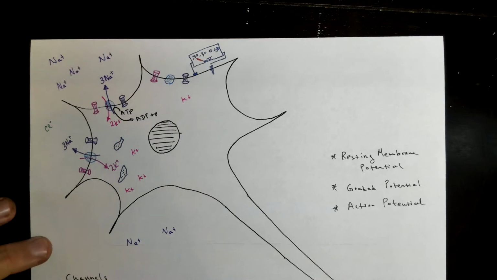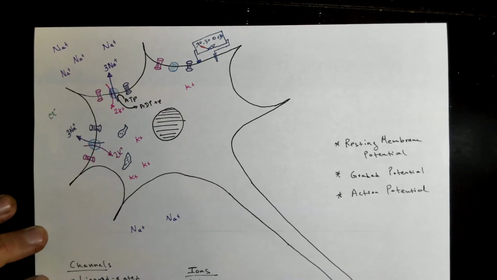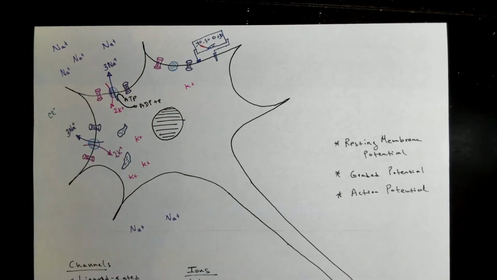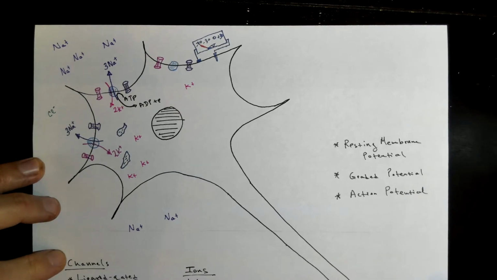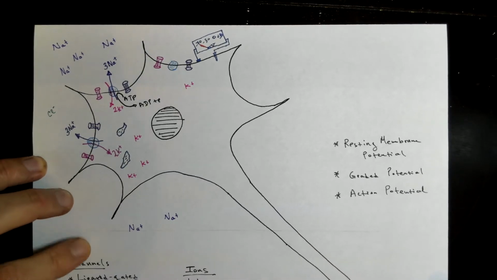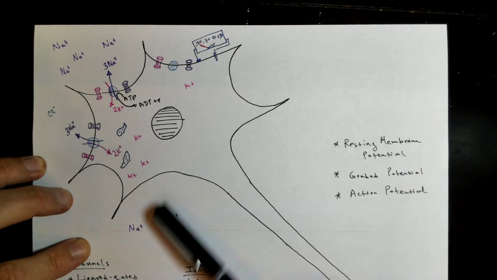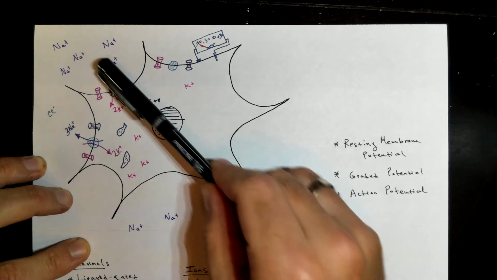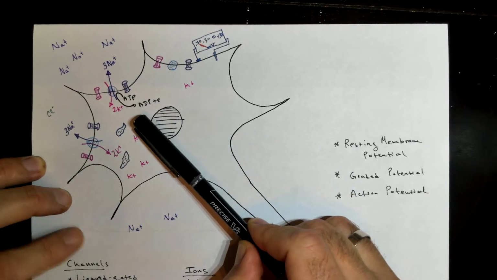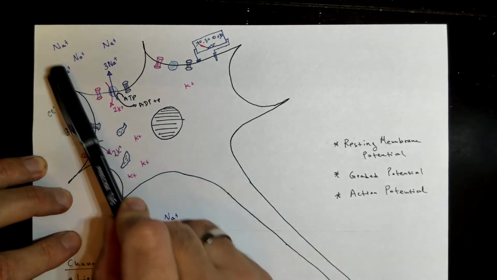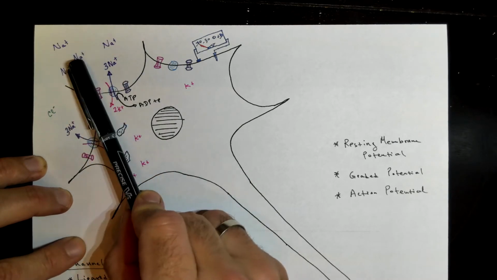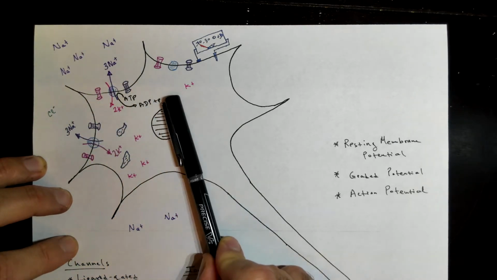So what does this do for us? This creates a potential, a type of potential. And what that means is that, if you recall, small entities like ions like to be in equilibrium on both sides of a membrane. So if you have a lot of sodium on the outside, it's going to want to go in.